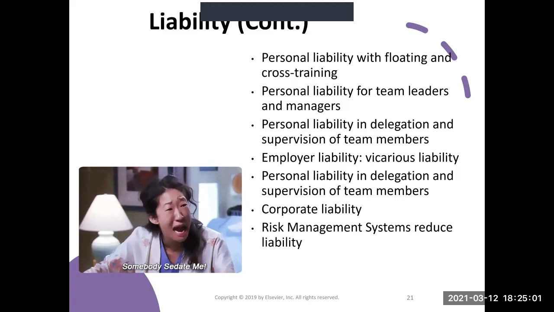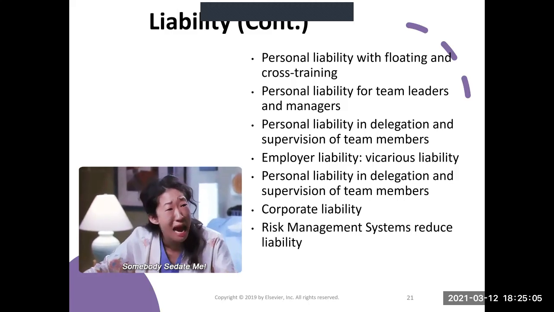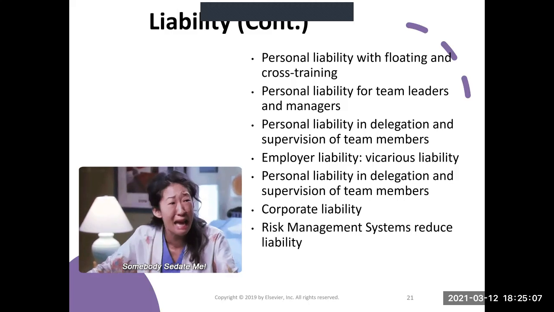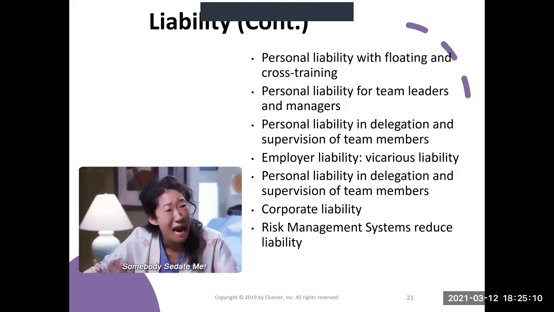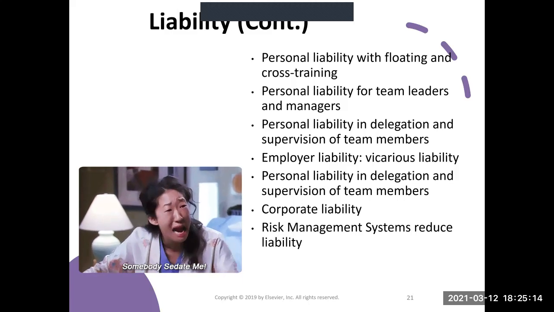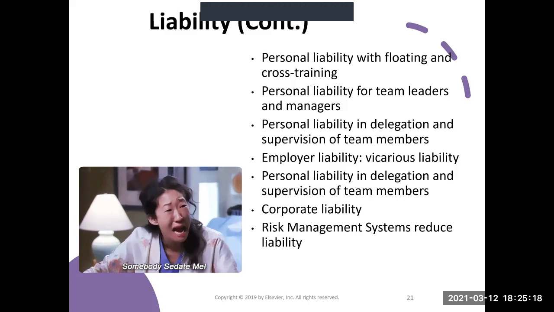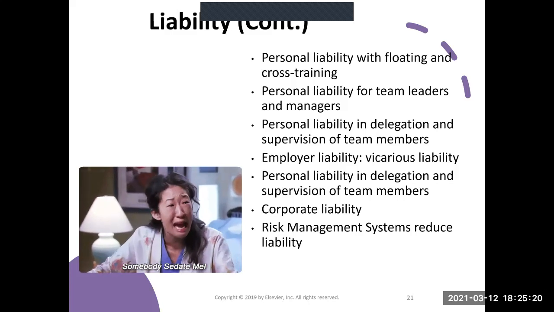Let's say a patient died and it was your patient. The hospital is still going to be sued. But then when the $250 million is awarded, they will pay 125 and you pay 125. So again, make sure that you cover yourself, because hospitals are there to cover themselves.